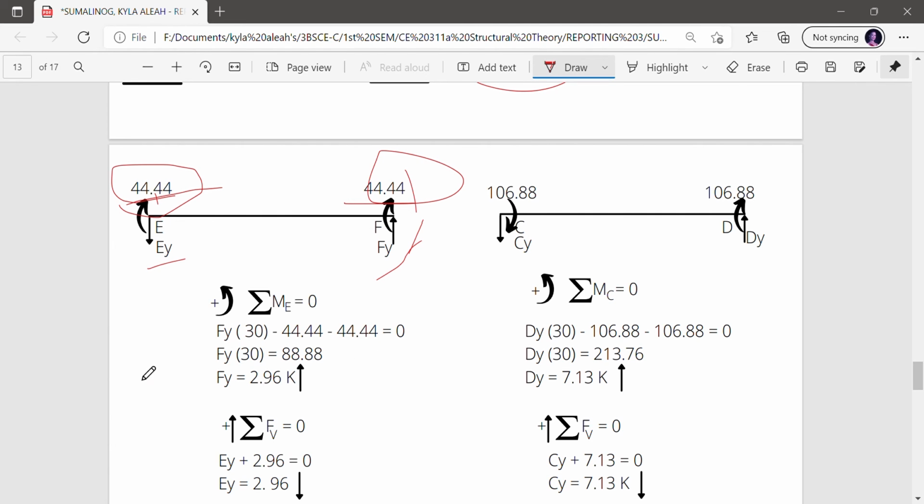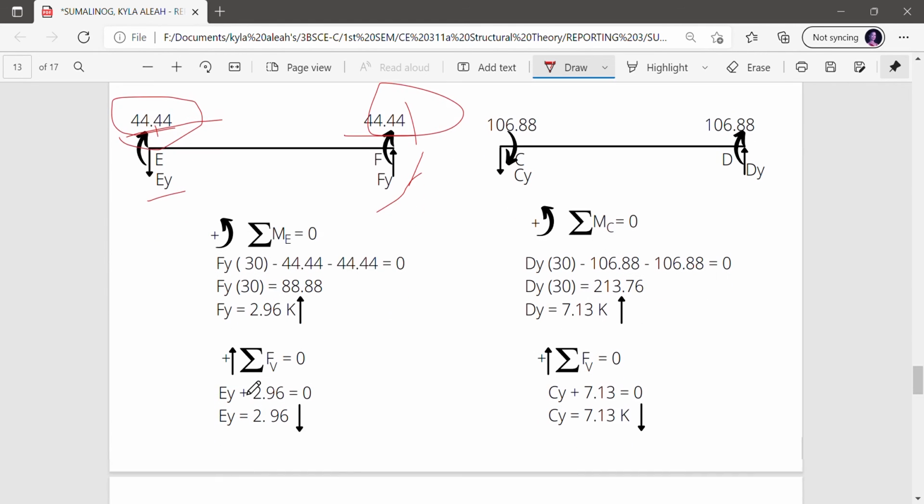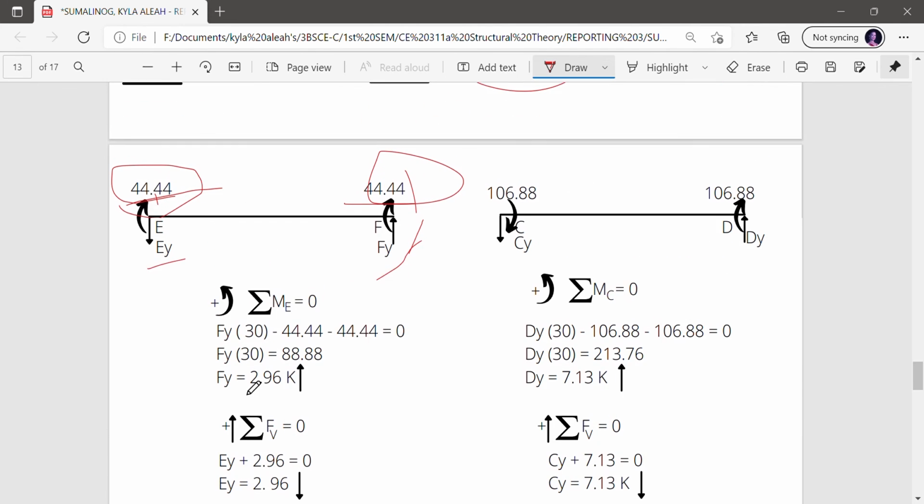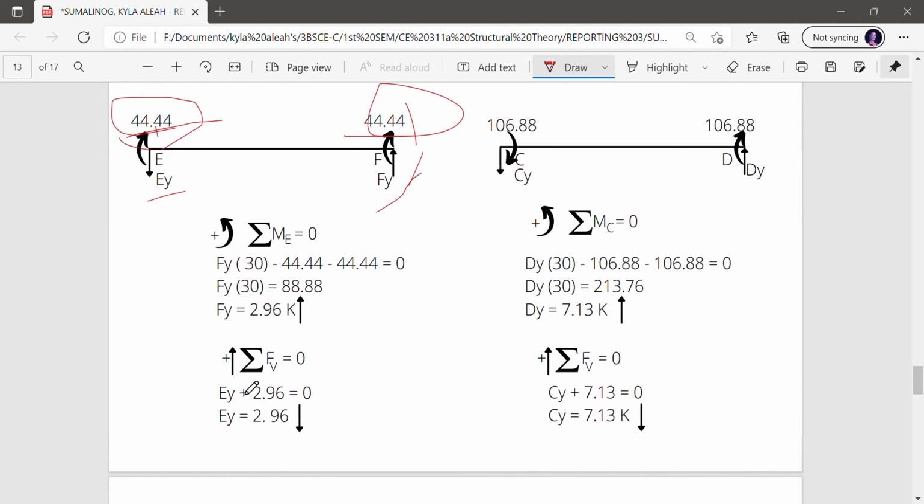So Fy times 30 is equal to 88.88, divided by 30, Fy will be 2.96 kips. On EY, solving for the vertical forces, the summation of vertical forces is equal to 0, so EY plus 2.96 is equal to 0, and EY is 2.96, negative, looking downward. So that is how we get our EY and FY.